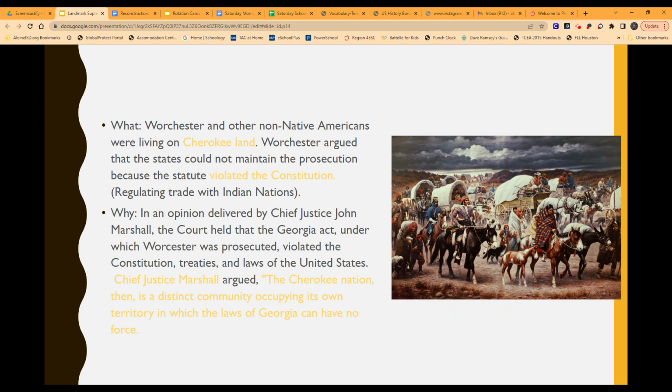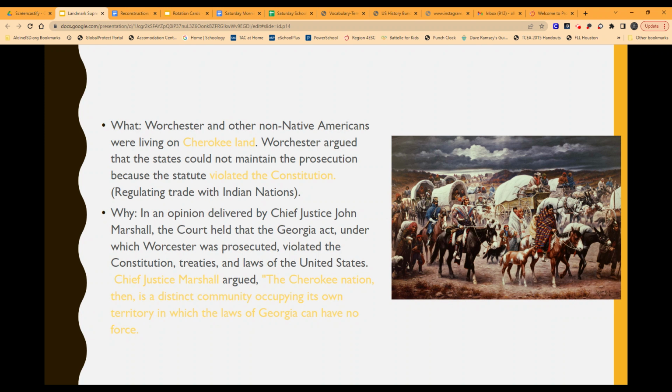Worcester and other non-Native Americans were living on Cherokee land. Worcester argued that the states could not maintain the prosecution because the statute violated the Constitution, regulating trade with Indian nations. The Constitution did not give the government the power to regulate those treaties with an Indian nation.